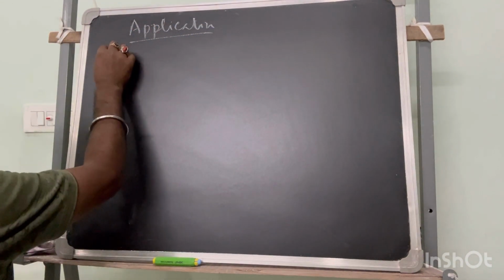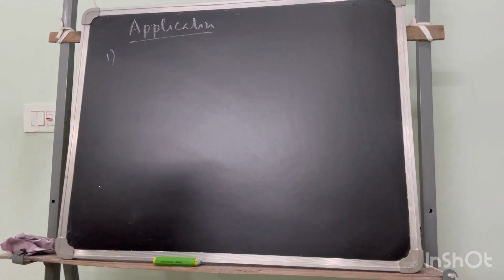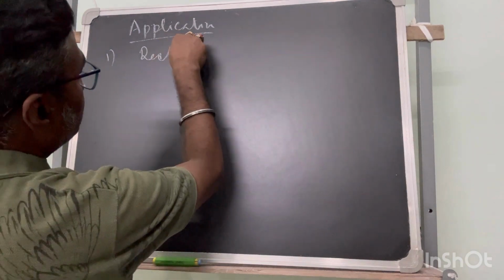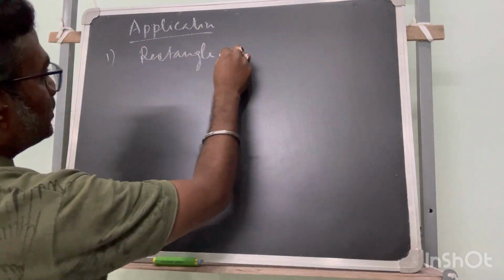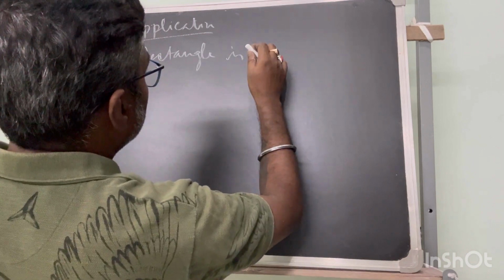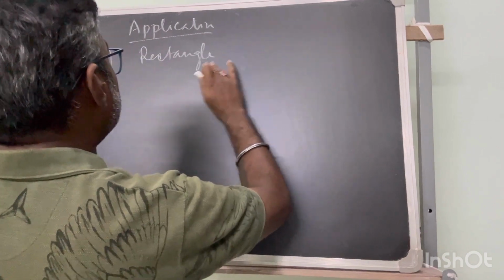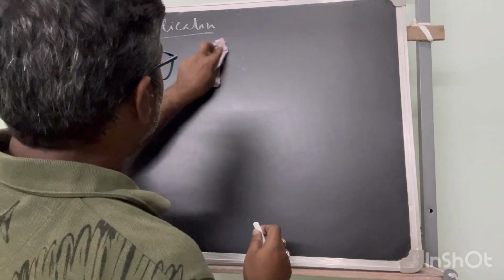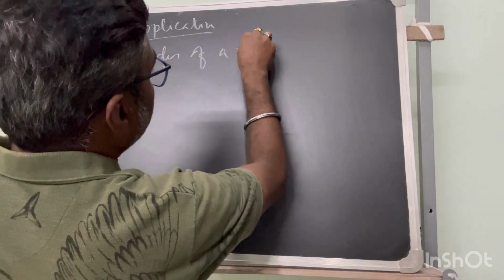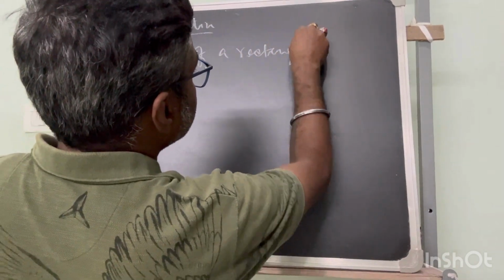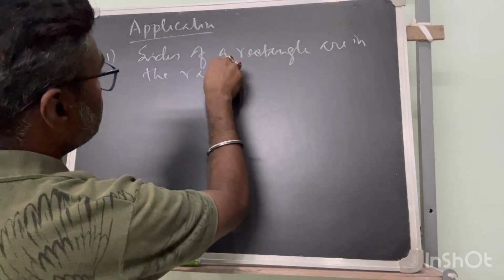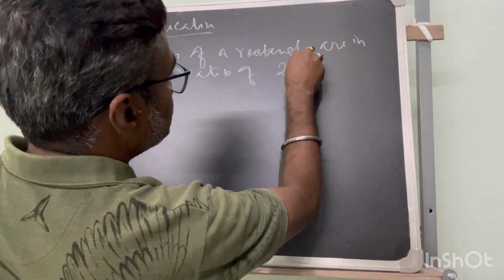Now let's say one problem is given. Just for instance, I am taking that the sides of a rectangle are in the ratio of 2:1.